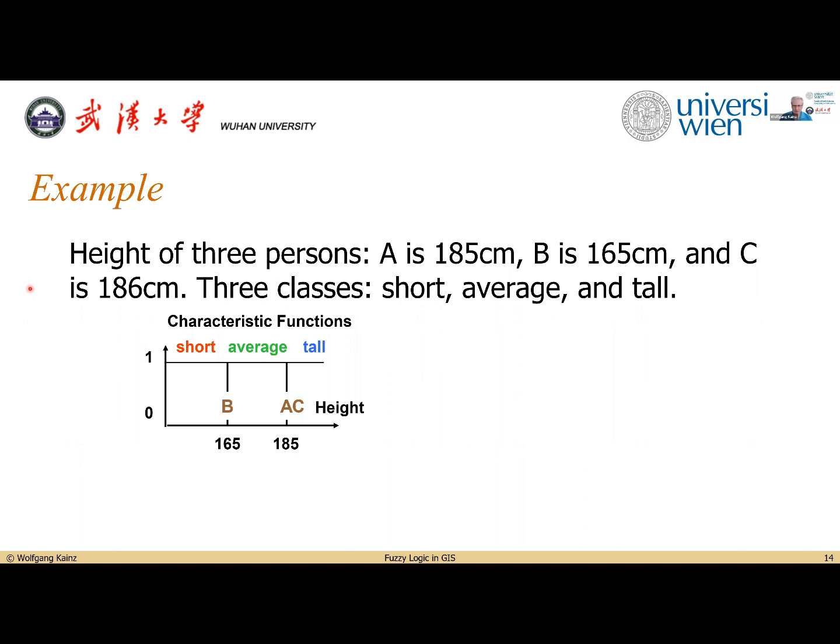If we say the class is closed to the upper boundary, then 185 would still mean average, and 165 would mean still short.